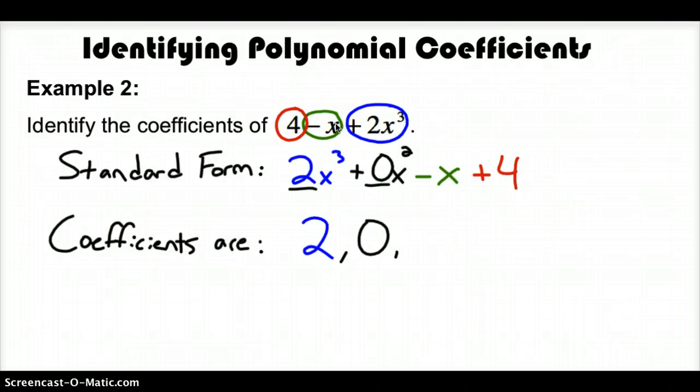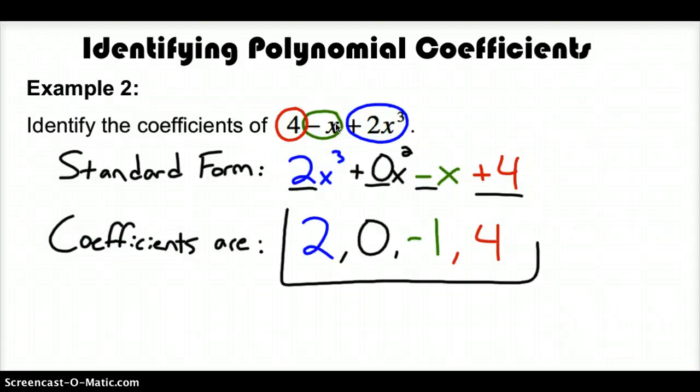We then have the negative 1. Important that we have negative 1 here. Negative 1x, so that's our next coefficient is negative 1. And then finally our last one here is just our constant term, which is positive 4, so we're just going to write a 4. So again, we have now written our polynomial in standard form, and we have identified the coefficients.